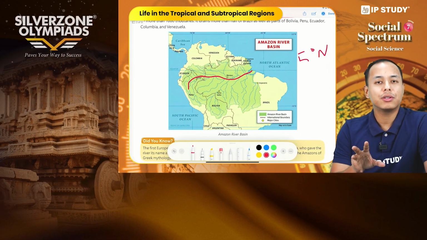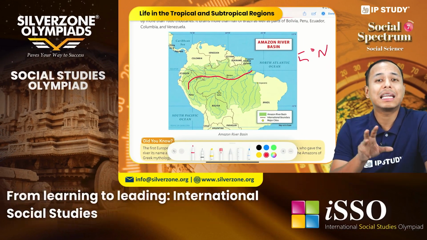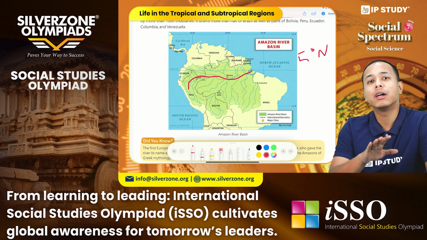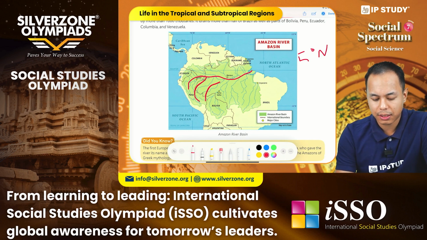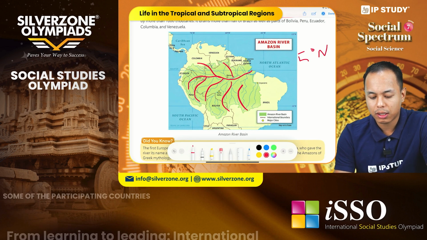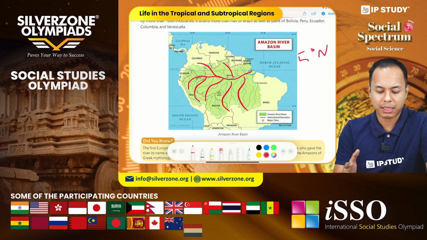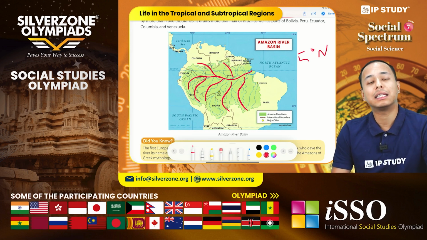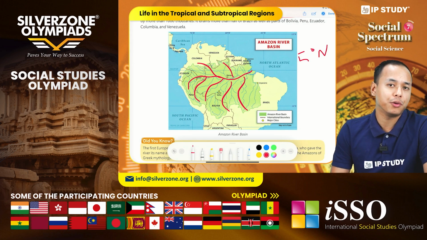The Amazon River and its tributaries create a network of channels. If you can see here, these are the different networks of channels. See, all different branches, like we can see in the map, that is the Amazon River and its tributaries.